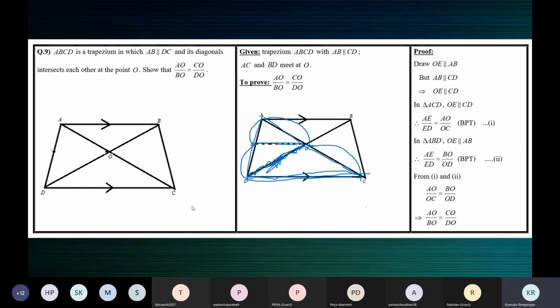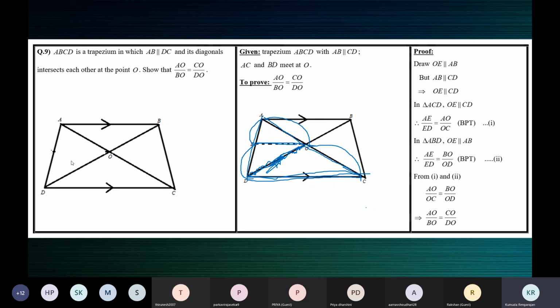Whenever we have to find something, we need to connect the information and put it in the form of an equation. Only on solving an equation can you find the value of x.